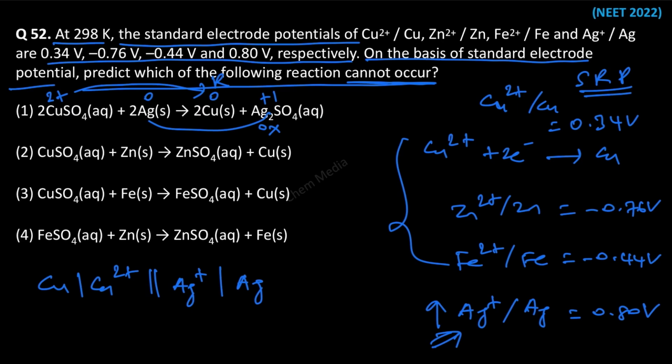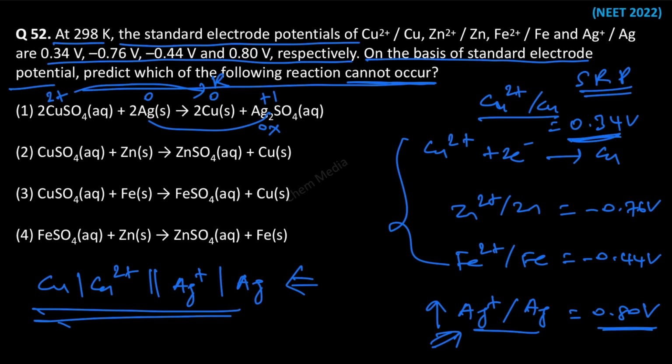Why I wrote it this way is because if we are connecting copper and silver electrodes, obviously the silver electrode will be the cathode. The copper electrode has to be the anode, because comparing 0.80 versus 0.34, 0.80 is high. That means it wants to be the cathode. So this is the way we can write the cell notation.